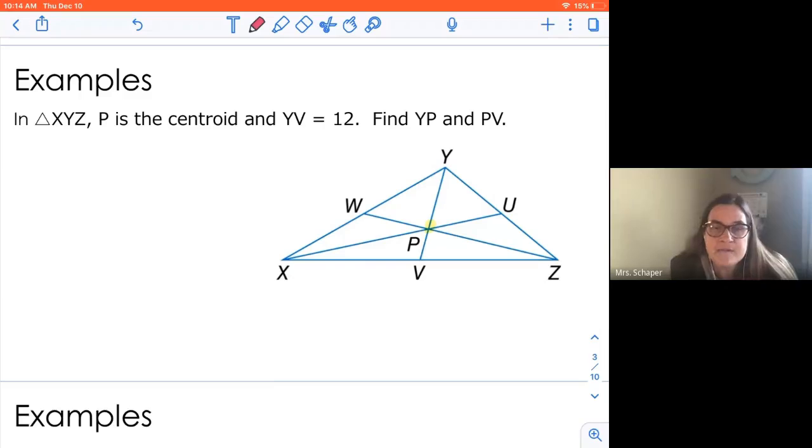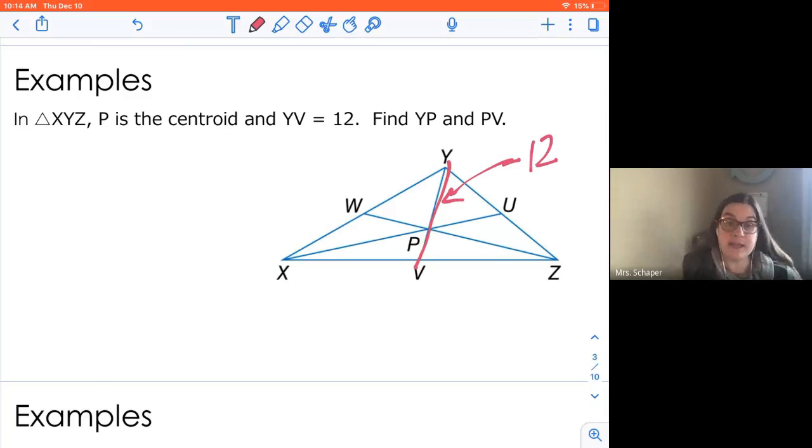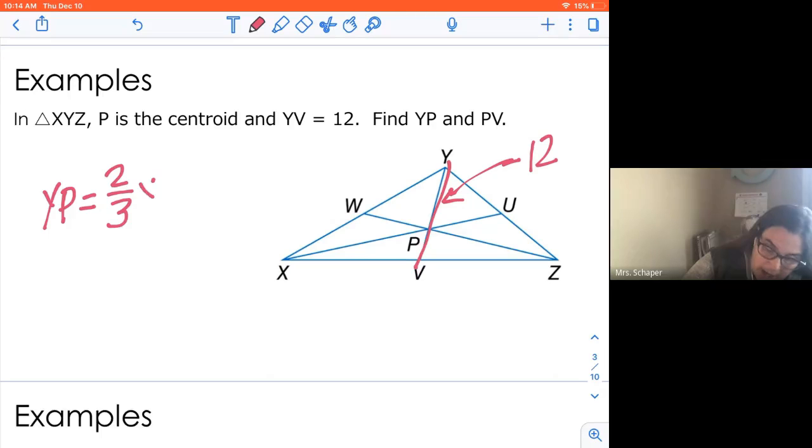And YV is 12. I've got to draw it all the way. YV is 12. Now we have to find YP and PV. So YP is equal to 2/3 of YV.